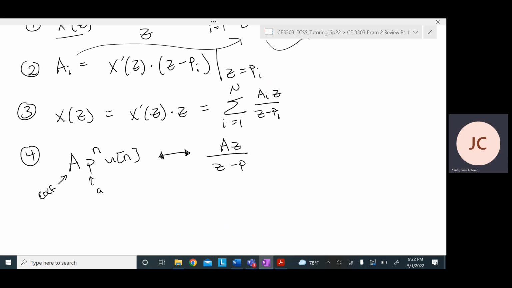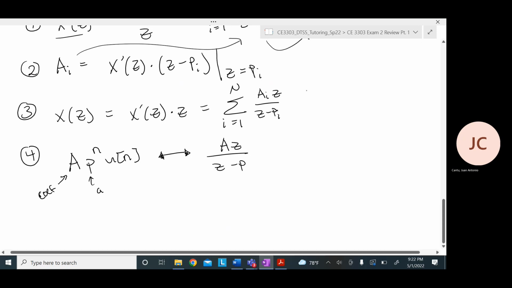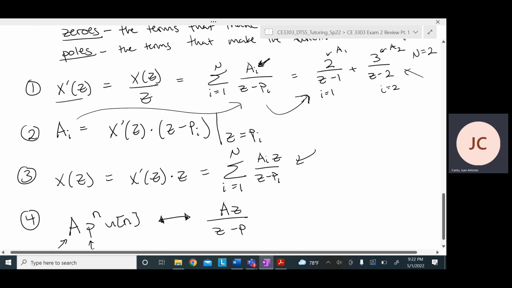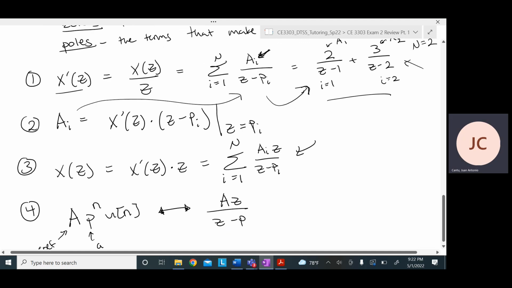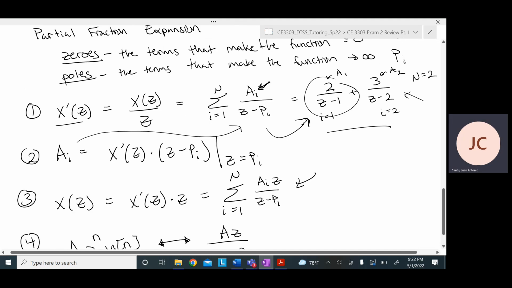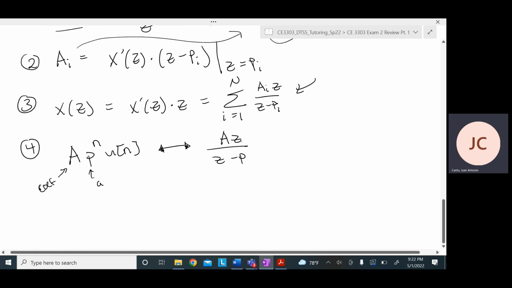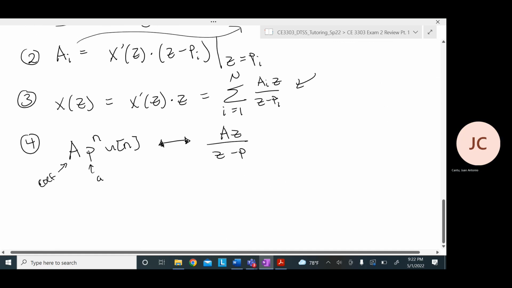And so this is how we do the inverse z transform. We utilize the partial fraction expansion to get a summation like this. Then we use the fact that the z transform of all these types of partial fractions is a times z over z minus p, and we'll have a p to the n u of n.